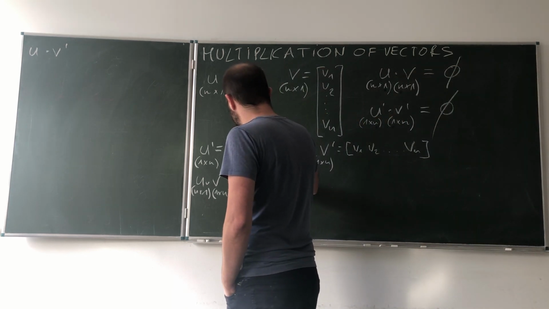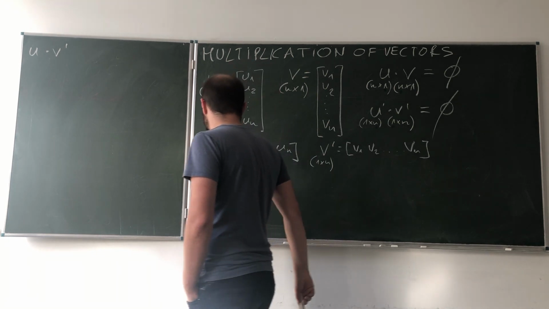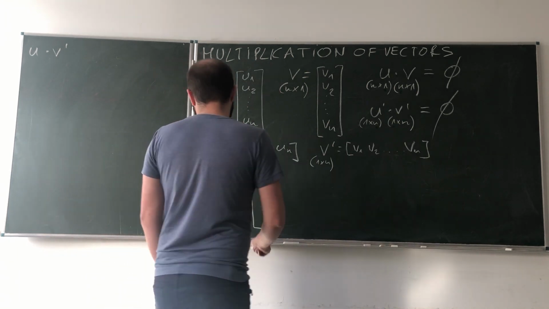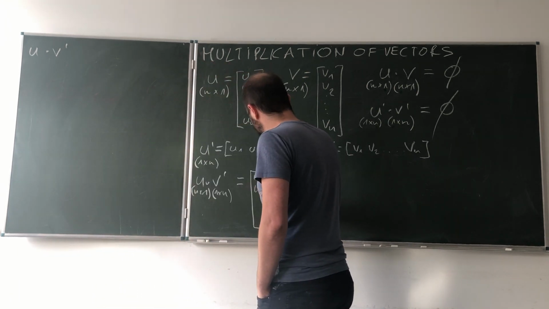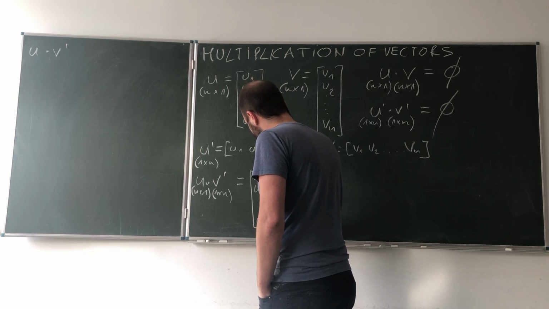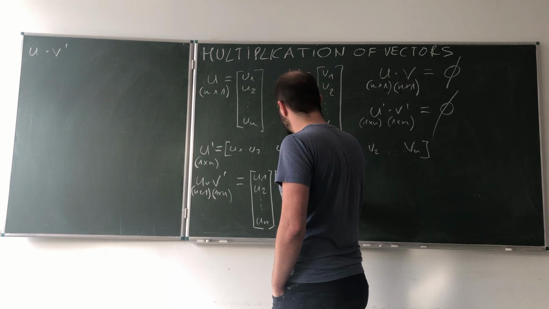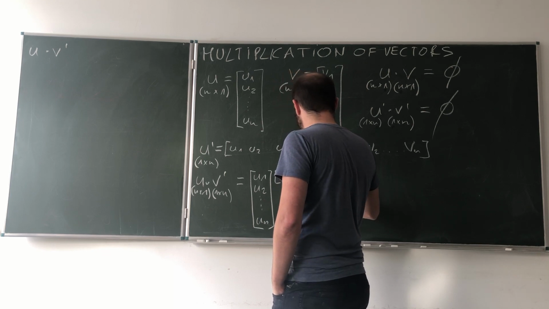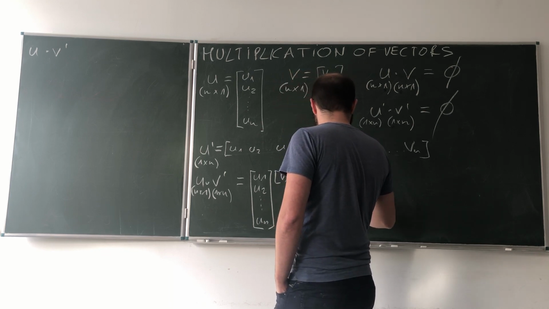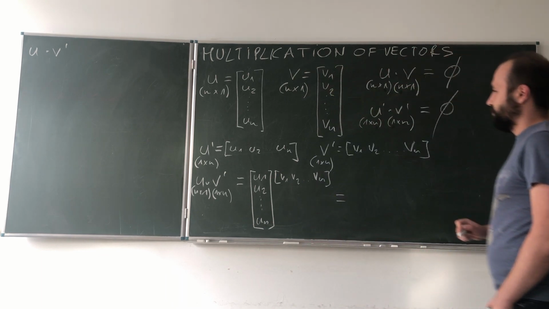Okay, so how would we do it? So let me put just vector u1, u2, un. Here we would have vector v1, v2, until vn. Okay, so what will we get?